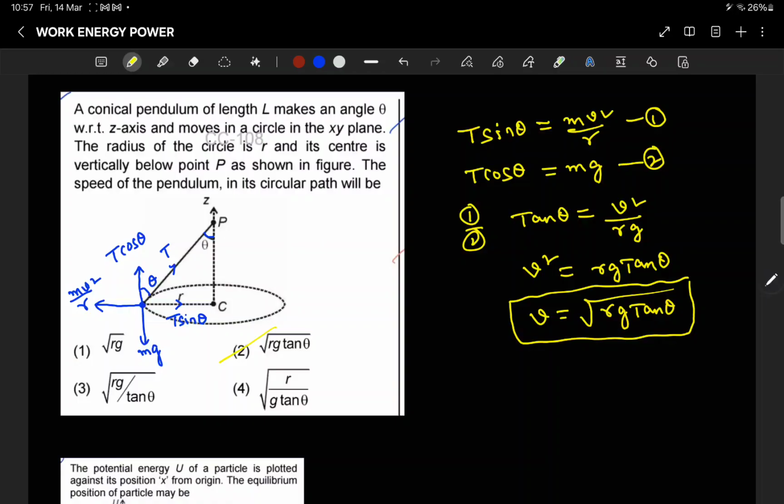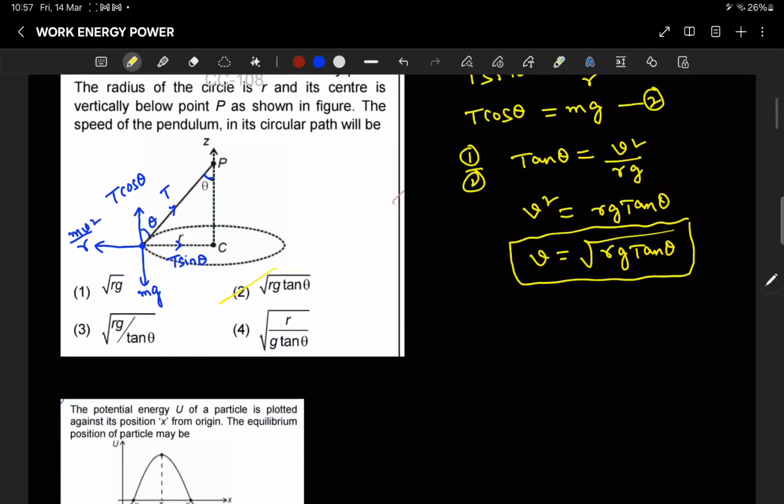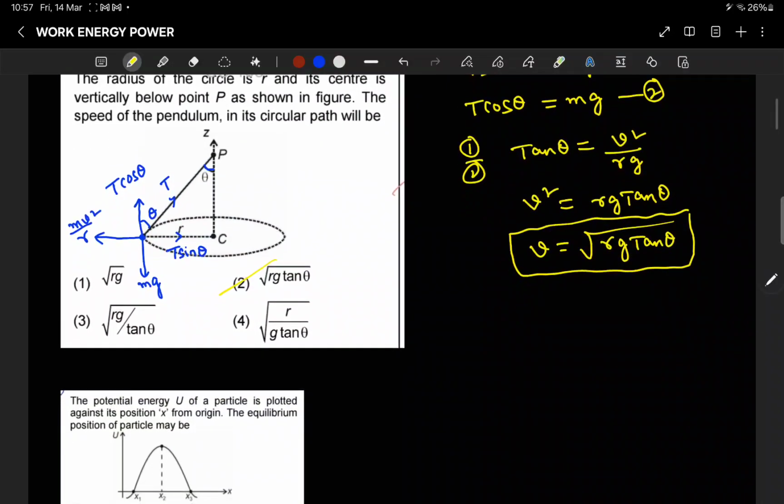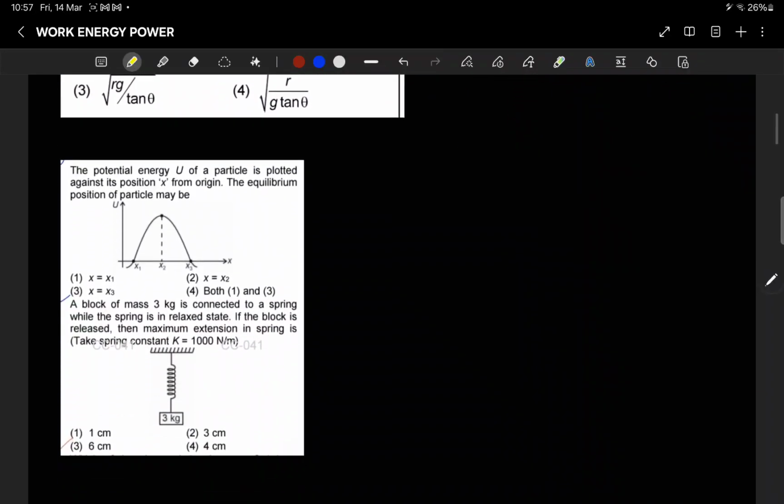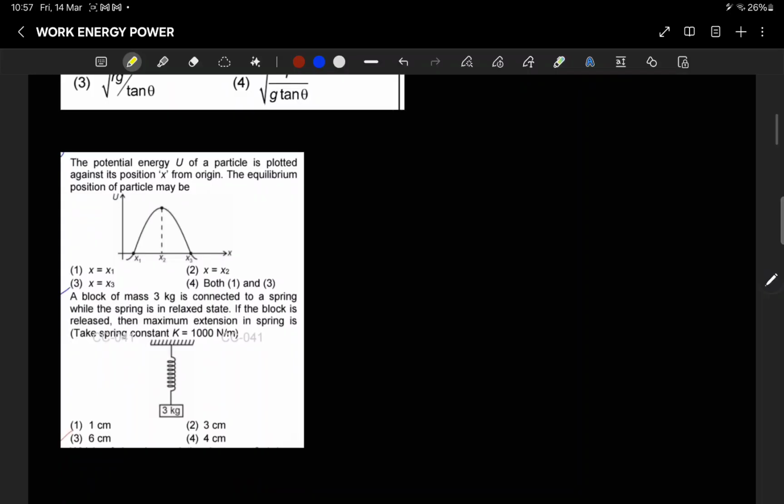Next, students, it is very important. Next question. The potential energy U of a particle is plotted against its position x, with origin as the equilibrium position. Equilibrium condition, force, potential energy and displacement position vector, force relation, students.